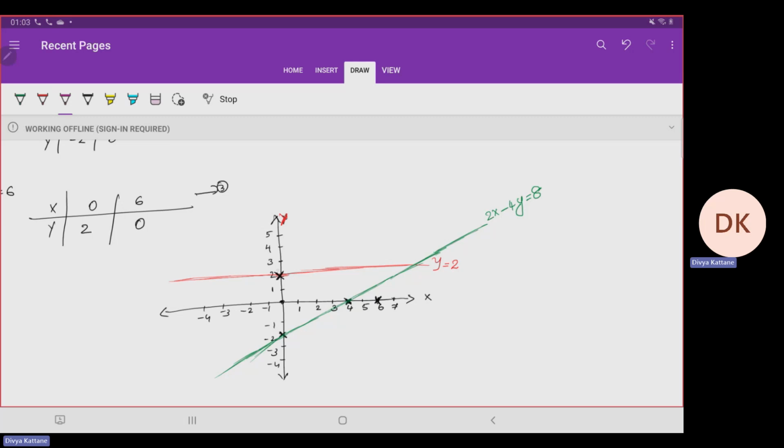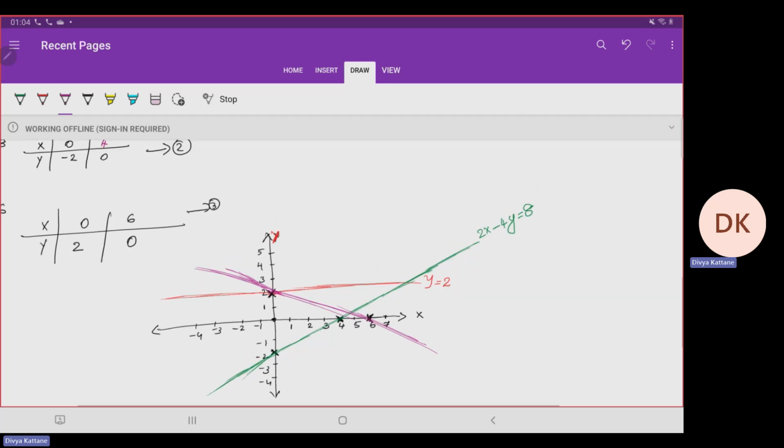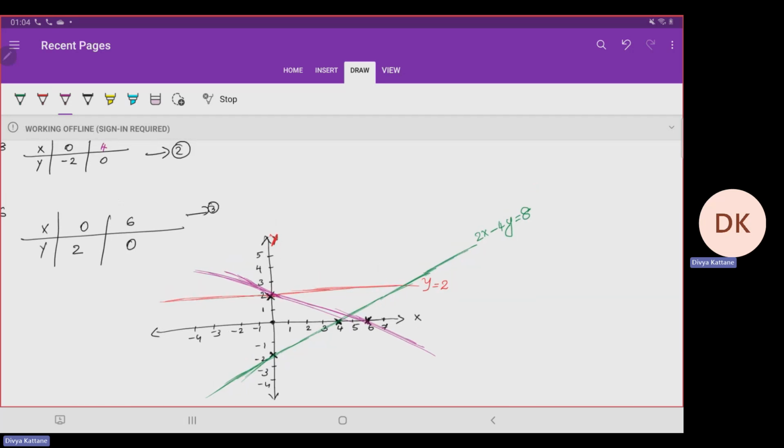So you connect the points, and this will be that line. If you draw with a scale, you will get it clearly. So we have drawn the 3 lines.